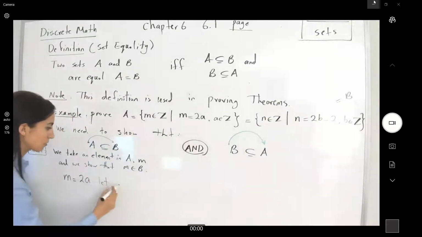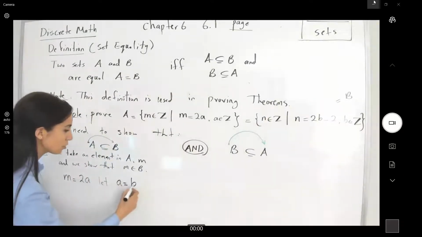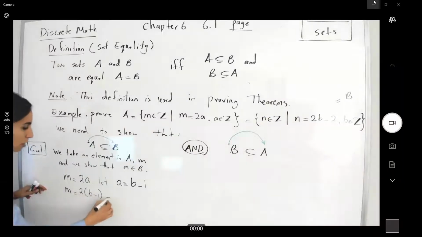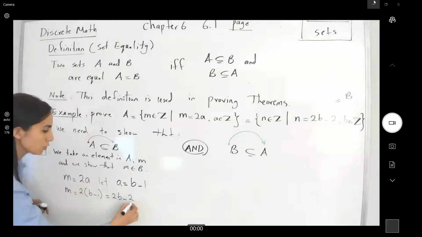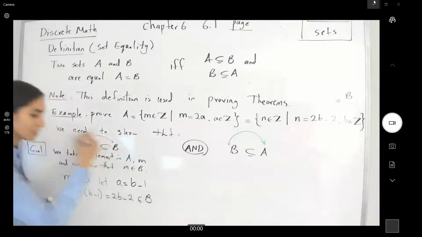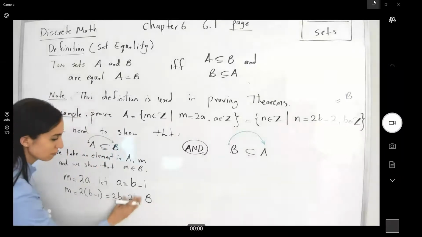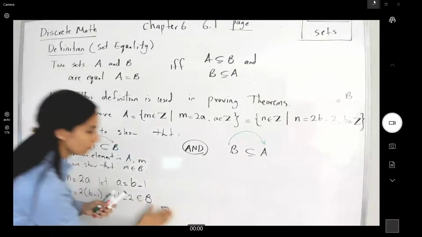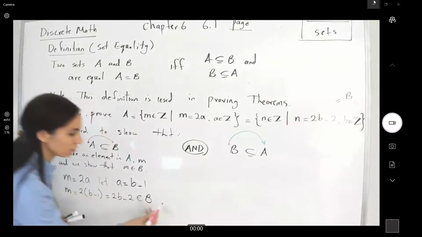Let a be equal to b minus 1. By direct substitution, m is equal to 2 times (b minus 1), or 2b minus 2, which is in set B. So we're done. Let's put a smiley face, and I'm done with the whole proof.